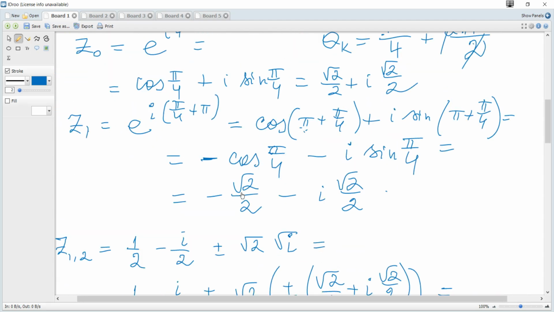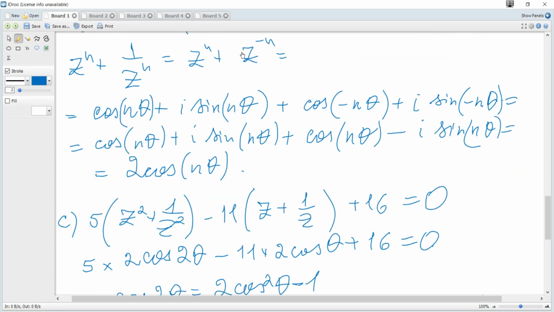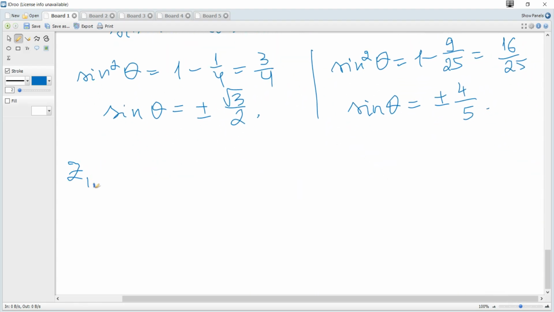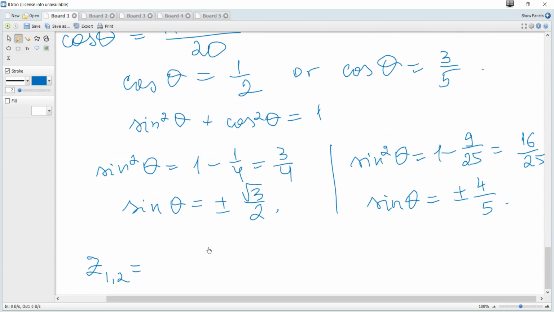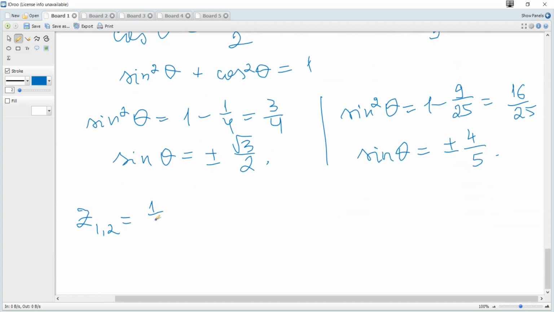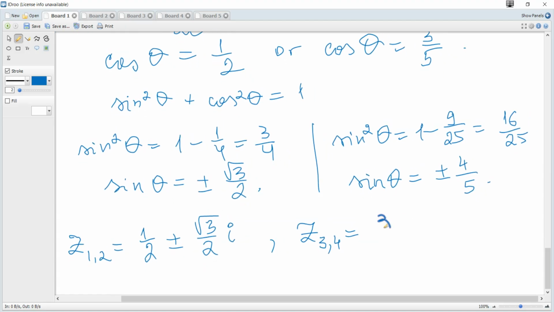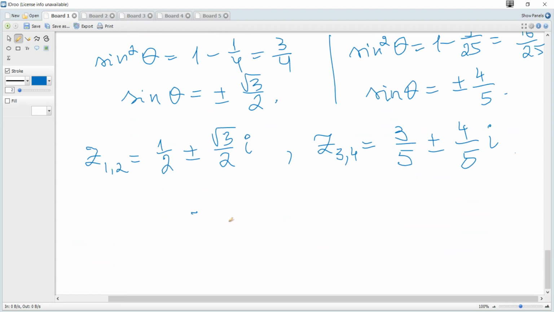Hence our roots are z1, 2 are a half plus minus root 3 over 2 i, and z3, 4 are 3 over 5 plus minus 4 over 5 i, because it's cosine plus i sine.